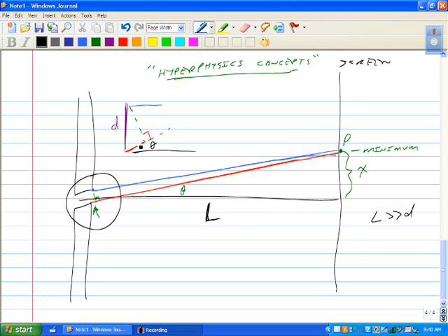And I can say that this distance is equal to d sine theta, because this angle is very similar to this angle, and for very small angles, tan and sine become the same. Again, if you want to see it in slow motion, I can do it for you later, or you can go to that website. But just know that small angle approximations allow us to say that this angle is the same as that angle, and therefore this is equal to d times sine of theta.